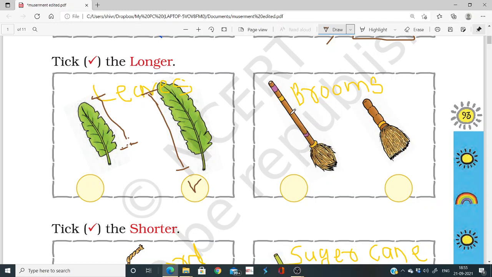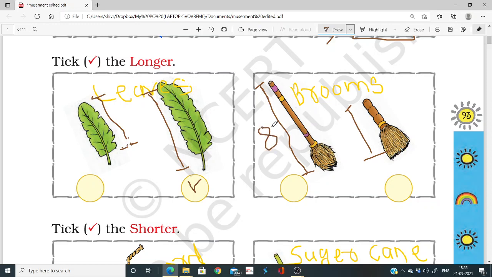Here there are two brooms, first one and second one. When you measure the length of these two brooms, then you will find out the length of the first broom is longer than the second.